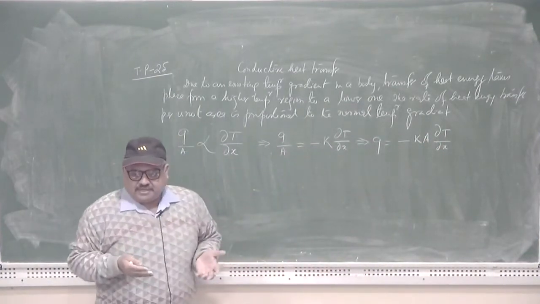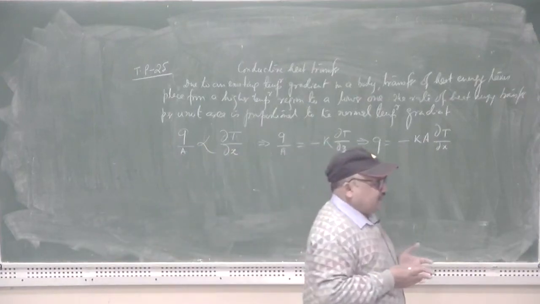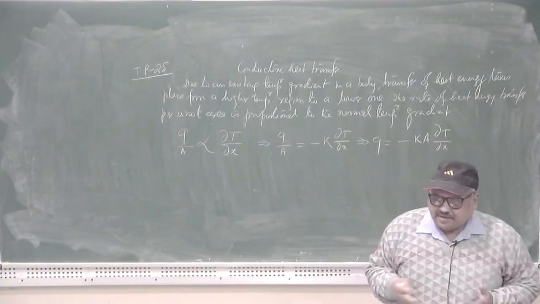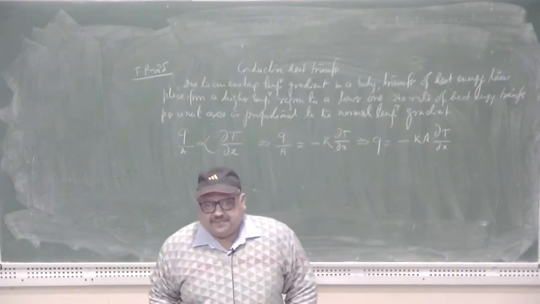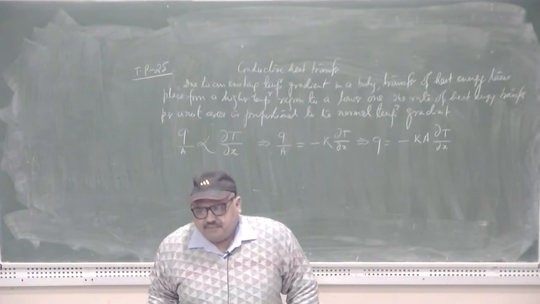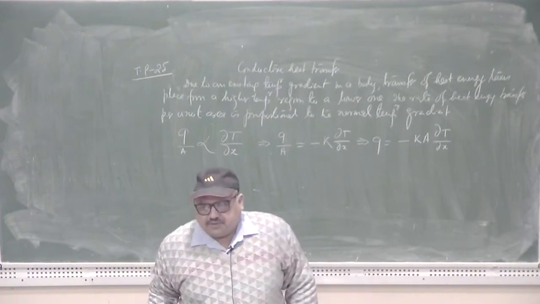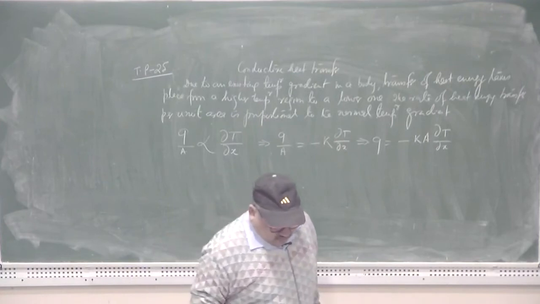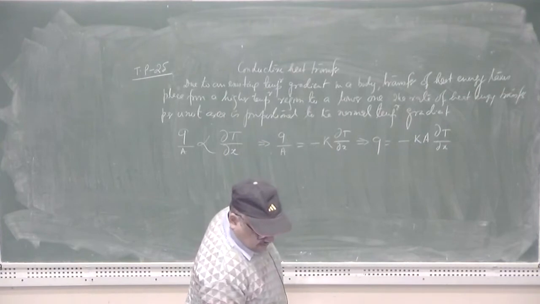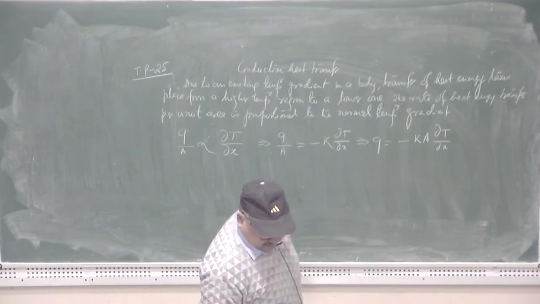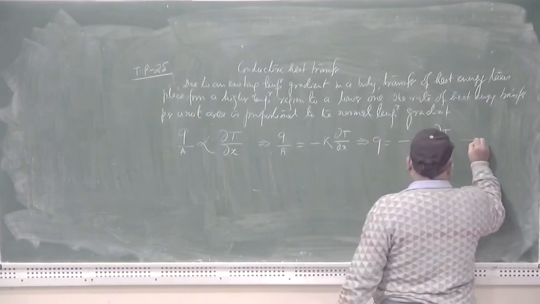If I assume that T is a function of spatial coordinates and time, and if I am considering the x direction only, then the partial derivative of temperature with respect to x may be regarded as the normal derivative of temperature with respect to x. So, in this, let it be equation number 1 here.